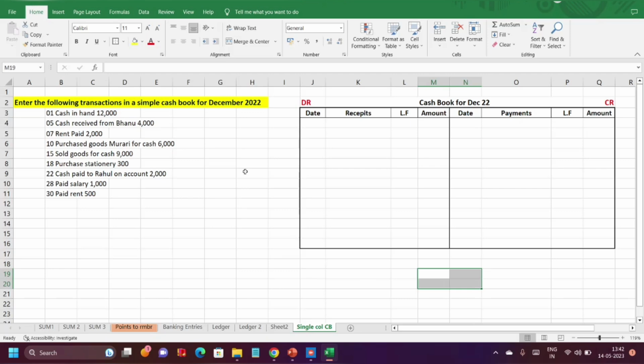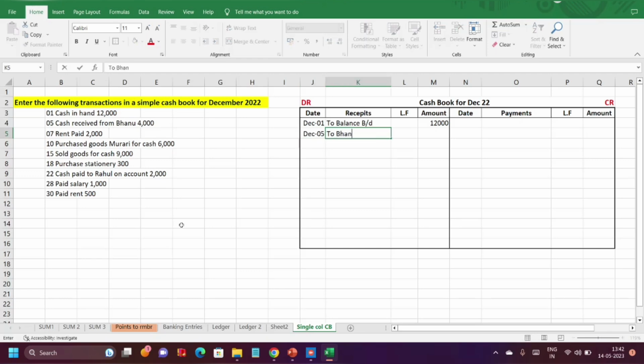We know that on the receipt side, the debit side, we have to write entries as to, and on the credit side we have to write entries as by. So our first entry on December 1, cash in hand, which is to balance brought down for 12,000 rupees. Next, cash received from Banu 4,000 rupees on December 5, to Banu's account 4,000.